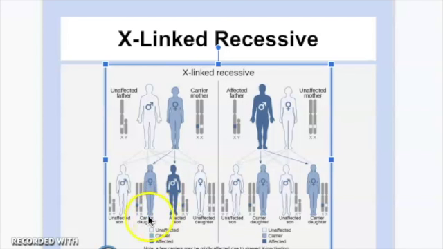But if she were to have kids, she can pass that on to her offspring. In order for this daughter to be affected, to have color blindness, she would have had to have gotten a second copy of the affected allele from dad. So she would have had to have gotten both copies from her parents.